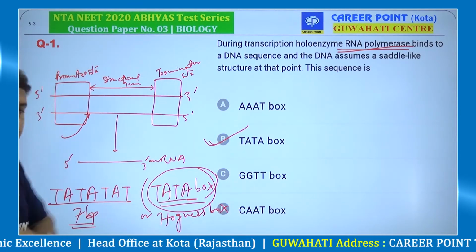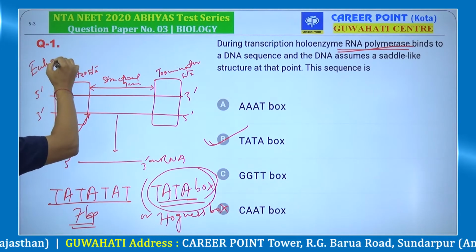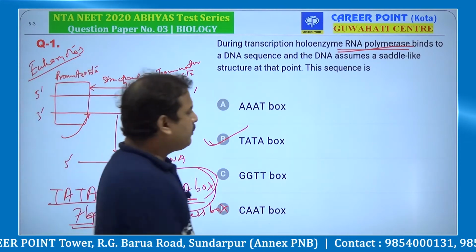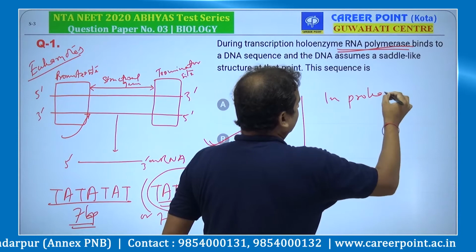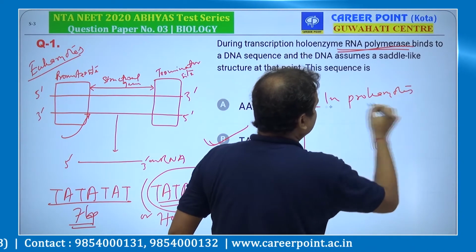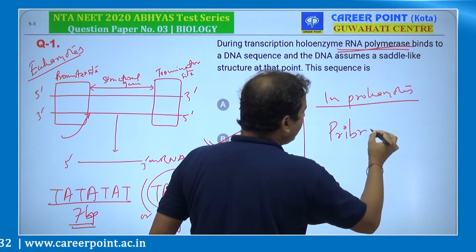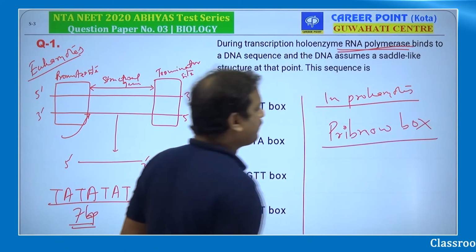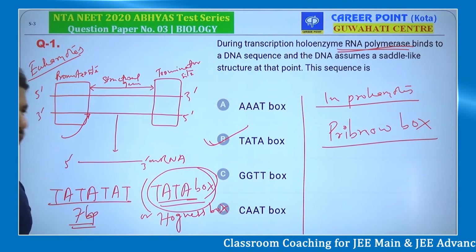One more point to remember: this is in case of eukaryotes, the Tata box. But in prokaryotes there is another box called the Pribnow box. In prokaryotes it is called the Pribnow box, and in eukaryotes it is called the Tata box or Hogness box.